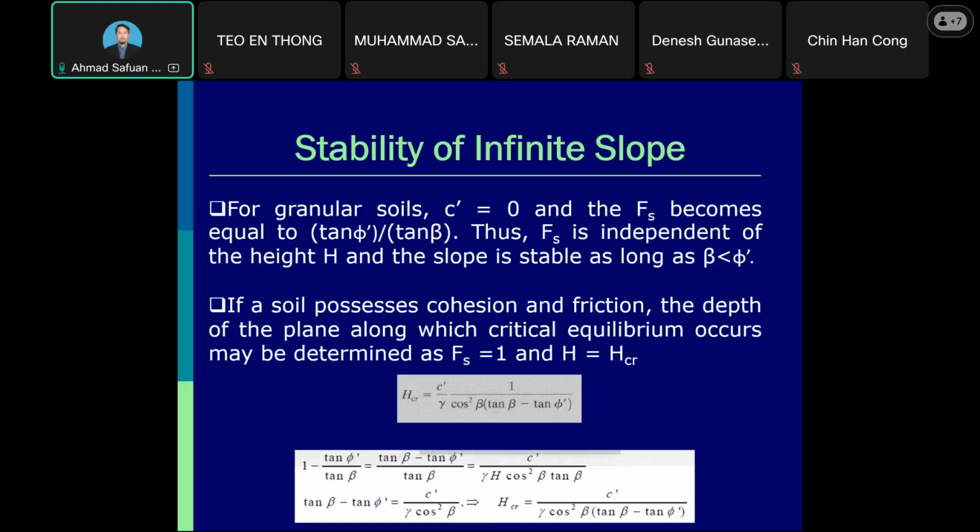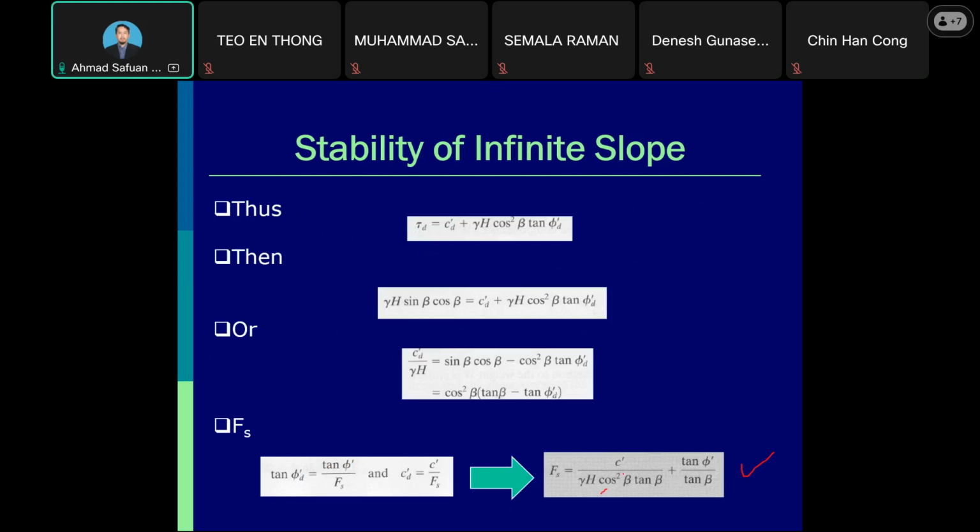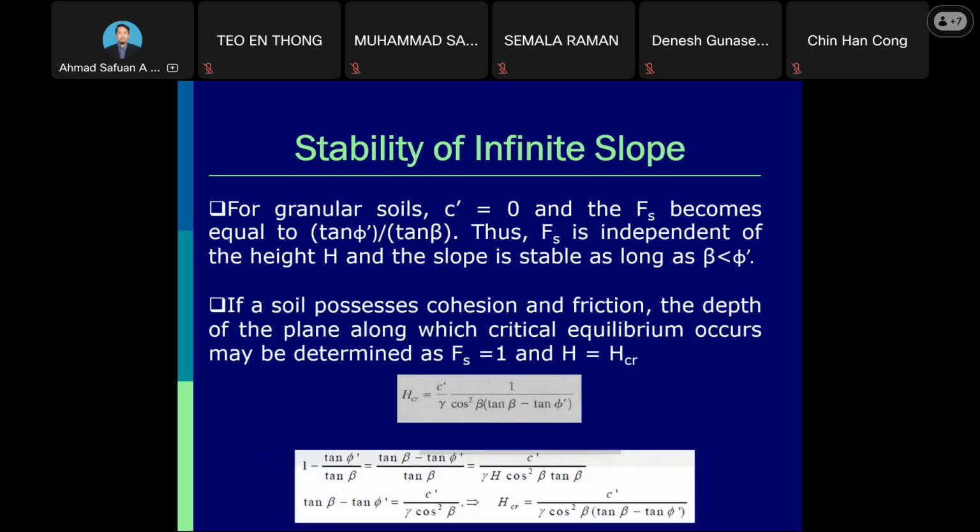For granular soil, when C is equal to 0, the factor of safety becomes equal to tangent phi over tangent beta. This factor of safety does not depend on the height, and the slope is stable as long as the angle of the slope is less than the phi.